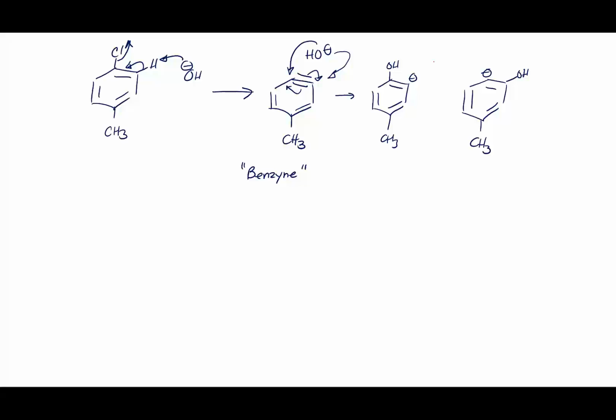So then there's still water around, and so what happens is the carbanion would deprotonate the water to make the final two products, para and meta. So this is the accepted mechanism for a non-activated ring for nucleophilic substitution.